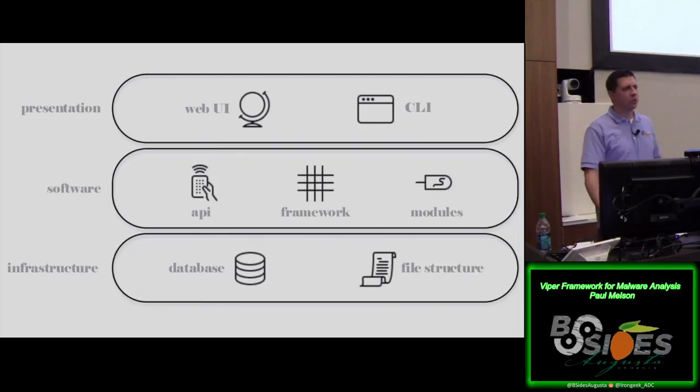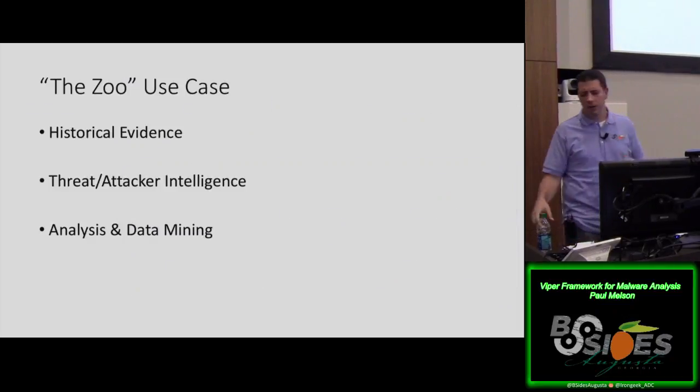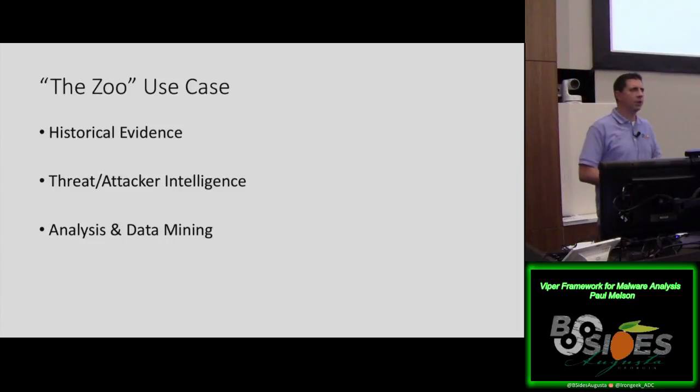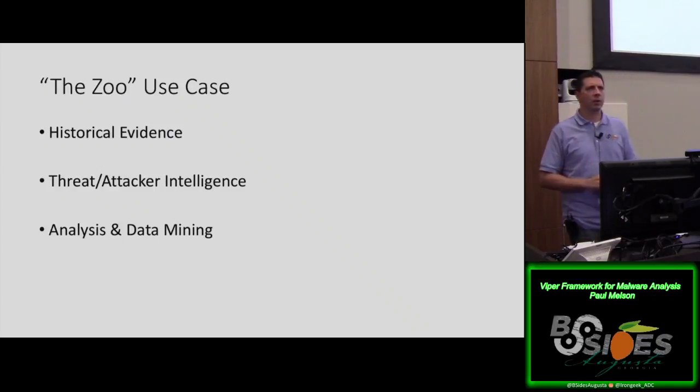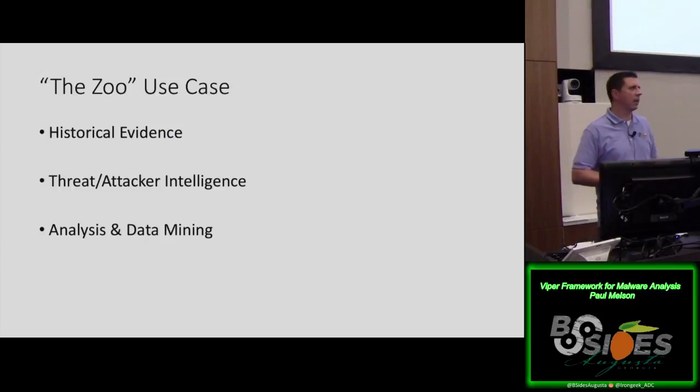So part of what was driving my desire to do a talk on Viper is what I'm calling the zoo use case. Because I don't want to come up here and say that Viper is the best static analysis tool in the field. In fact, it's probably not. You probably wouldn't use it as your primary go-to, and certainly not your only go-to for malware analysis if what you were doing was single file, single incident triage analysis of one file.